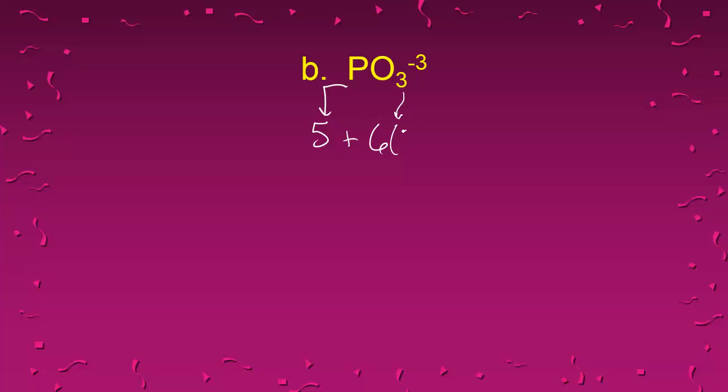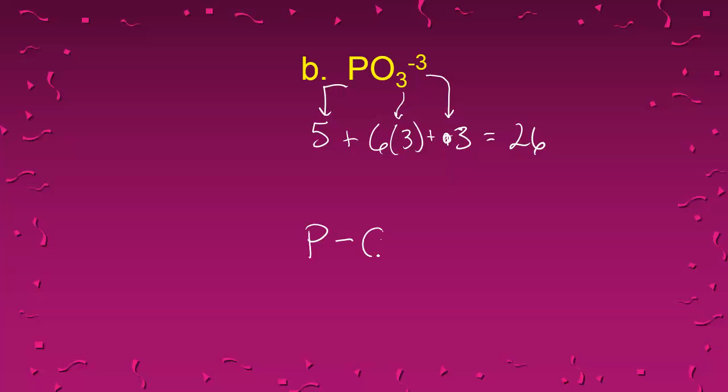3. Okay, and what does the -3 tell us? So, 6 times 3 is? Plus 5, plus 2 more. Plus 3 more, I'm sorry, 26. So we have 26 to play with, right? Who's in the middle?